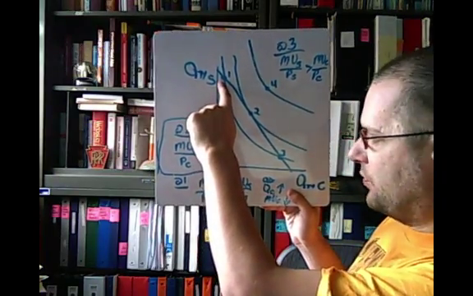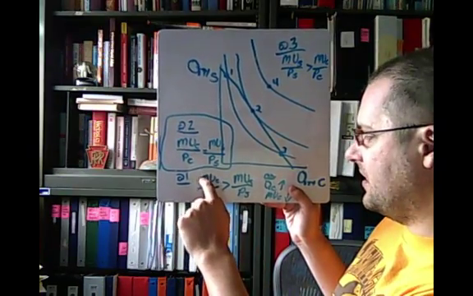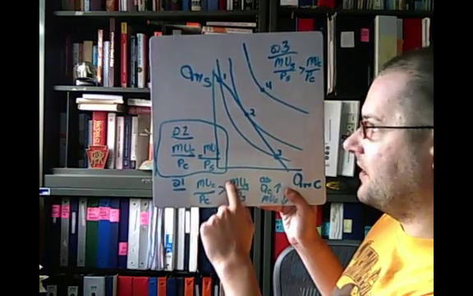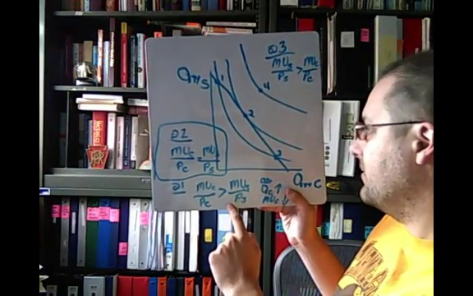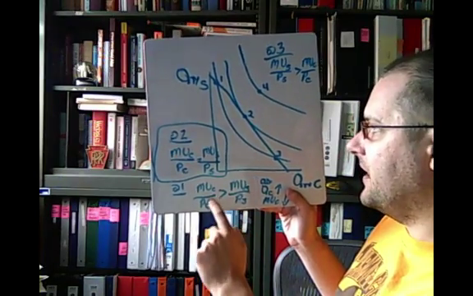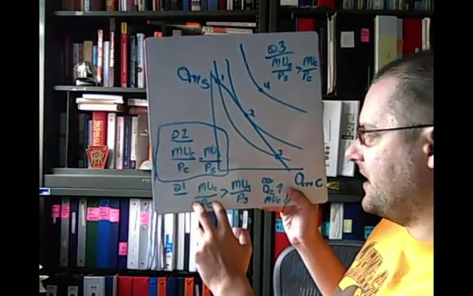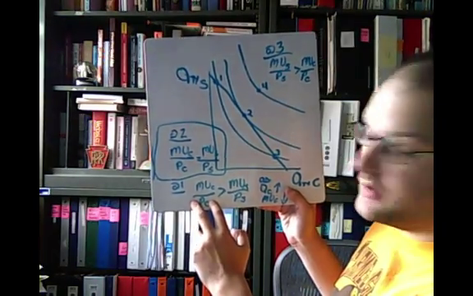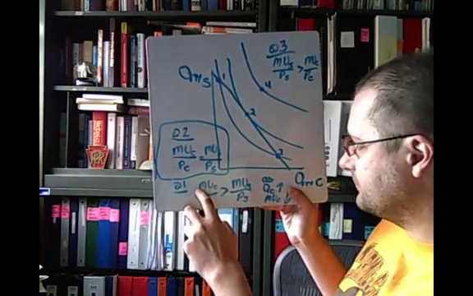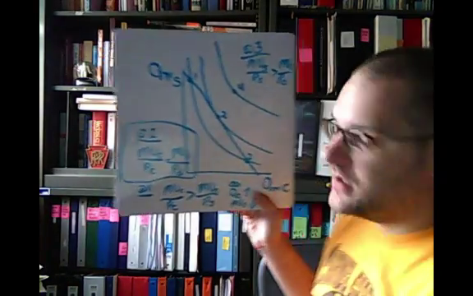So again, at point 1, the marginal utility per dollar spent on good C is greater than good S. So as a consequence, I buy more of this good. In the act of buying more of the good, the numerator falls, and vice versa.